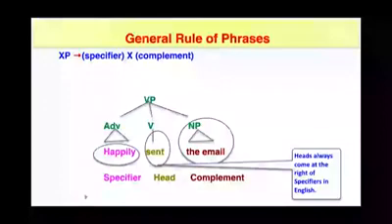So happily specifies how the action has been done. The complement is a bit different in order, but also different in function, which means I sent what? The sentence would be considered incomplete without a complement, especially if the verb is transitive.